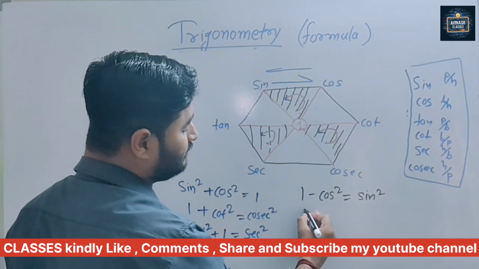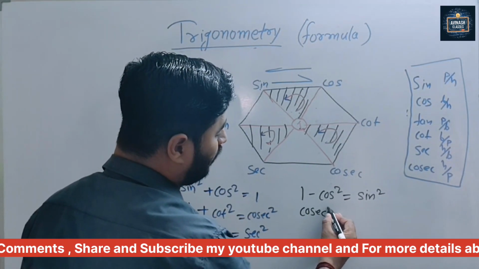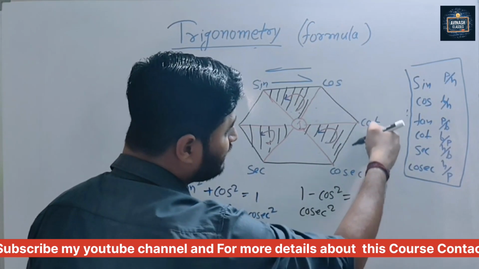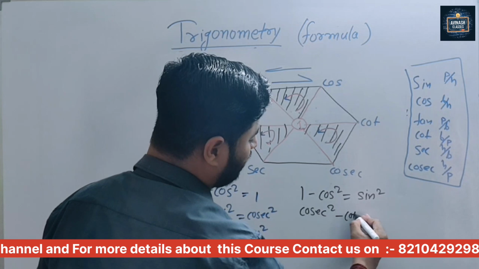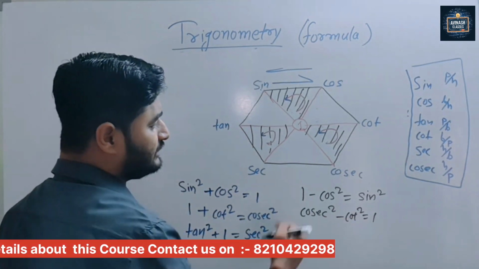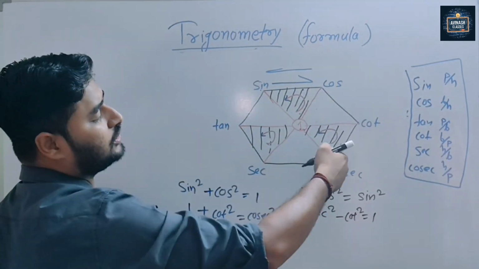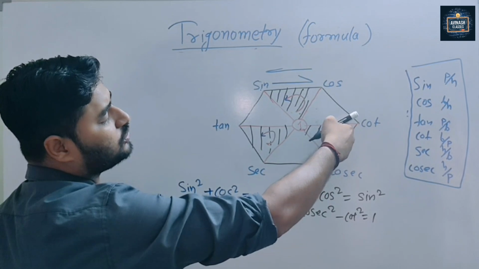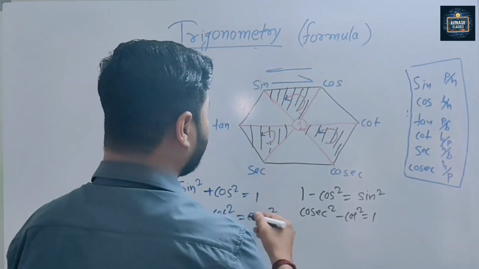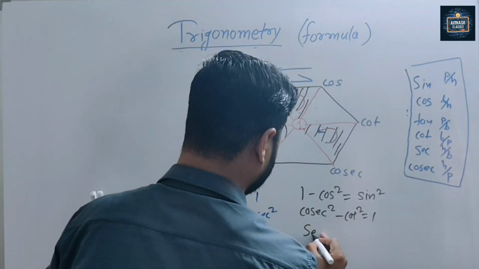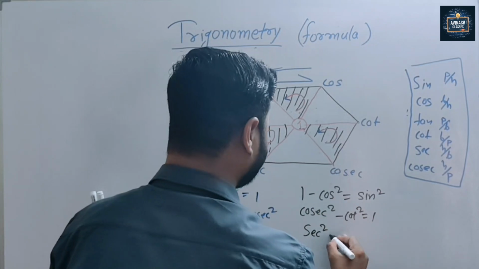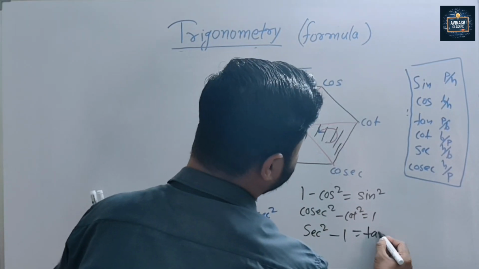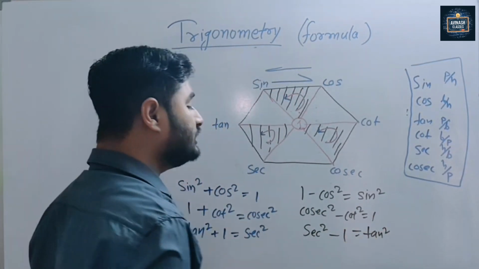For here, what will come? Cosec square minus cot square is equal to 1. See, anti-clockwise. Here, sec square minus 1 becomes tan square. So this is the formula.